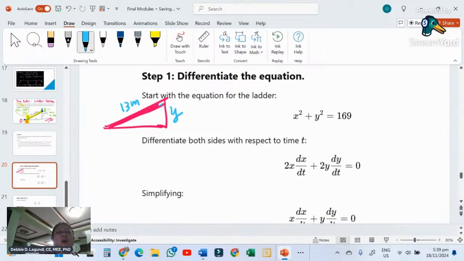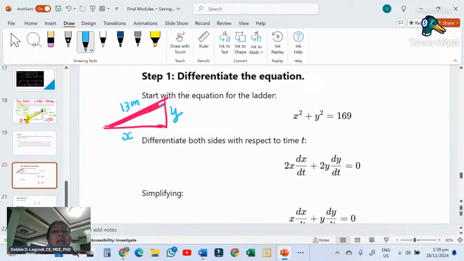We don't know the Y. We have the X, which is 5 meters. First off, don't substitute the X in the meantime. That will be substituted later after we have done the derivative.